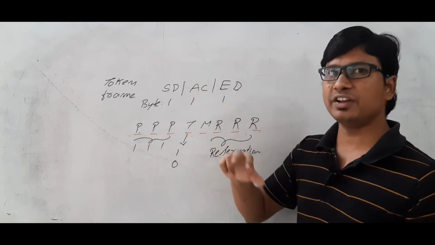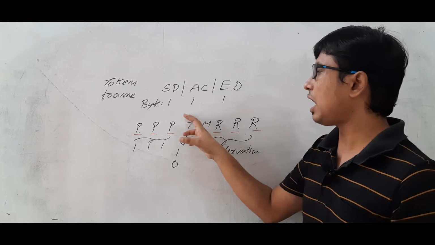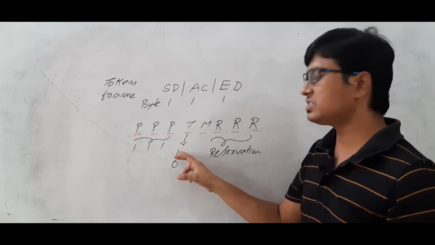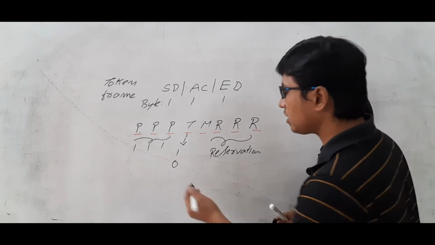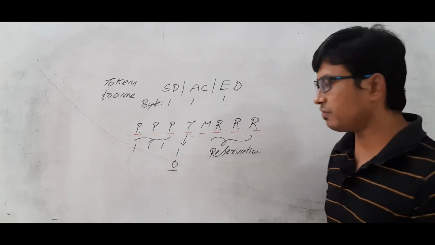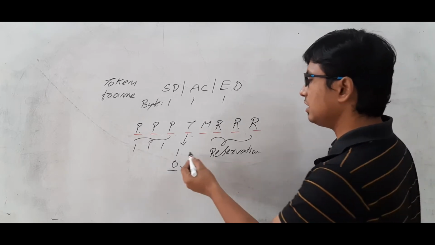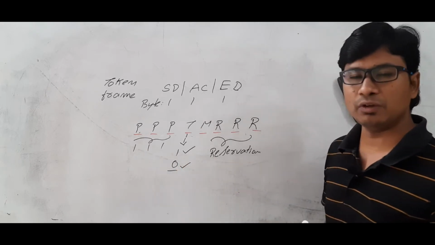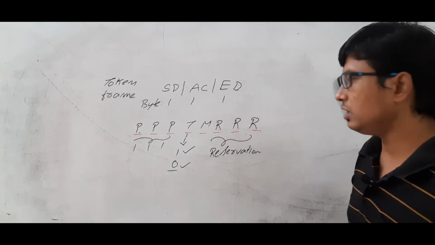So to differentiate whether it is a data frame or token frame, we have this T value. If it is a token frame, it will be 1. If it is a data frame or control information, we will have 0 here. Are you able to understand? If the T value is 0, I can say that it is not a token.